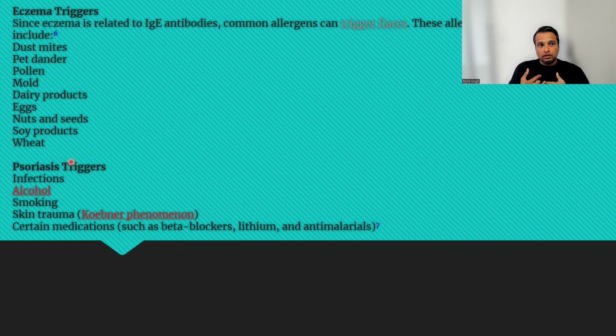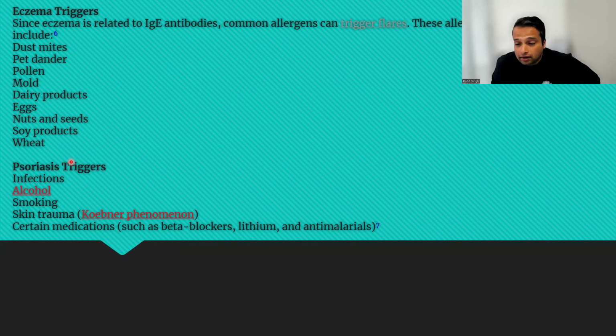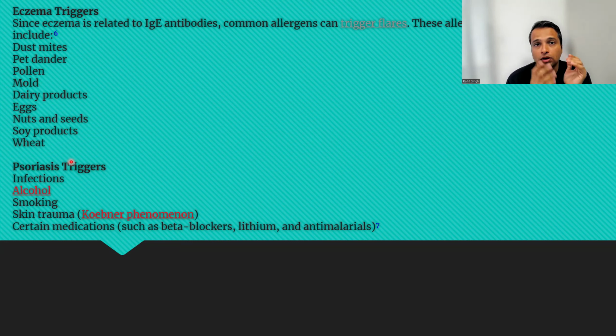It could be some small infection. You're consuming too much alcohol very repeatedly. That could lead to that. And you might not see psoriasis everywhere. You might see it around certain areas of the skin, under the skin folds. Alcohol, smoking, skin trauma, and also eczema and psoriasis sometimes are caused by stress. So there are several reasons which would cause all of this.